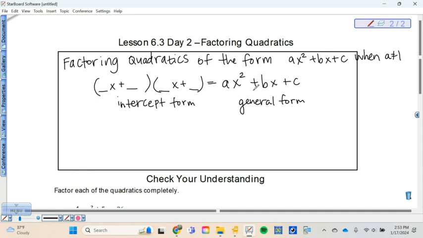Okay. And again, my first times first gives me the ax squared term. My last times last gives me the last term. And the combination of my outers and my inners give me this middle term.